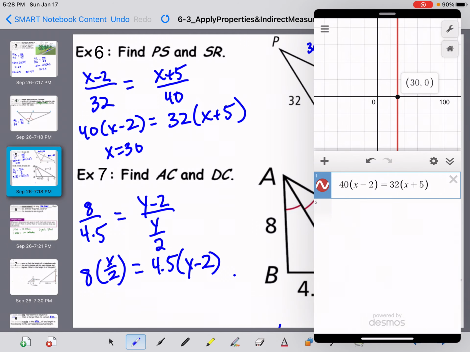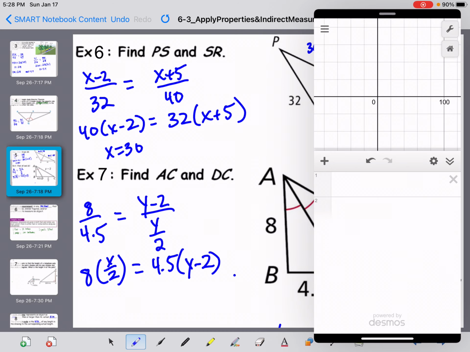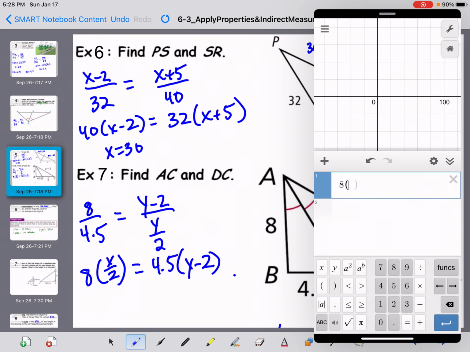So watch very carefully how we type this in. 8, parenthesis, and then I'm going to go back in here and hit my division bar. I think that's probably the easiest way to get that. 4.5, parentheses, Y minus 2. Oh, I can't have an x and a y in there. I have to change that to an x.